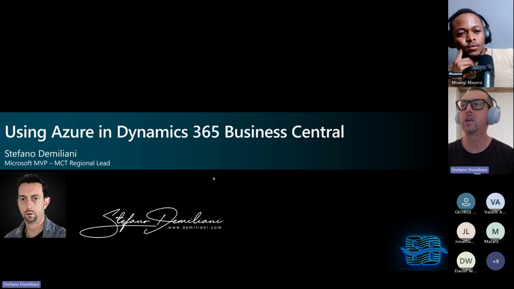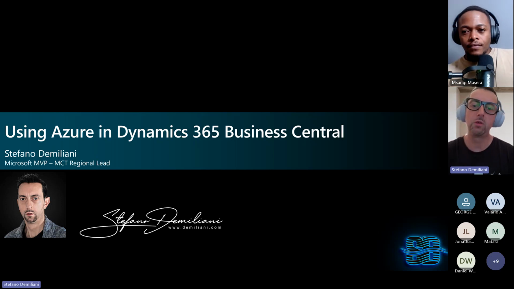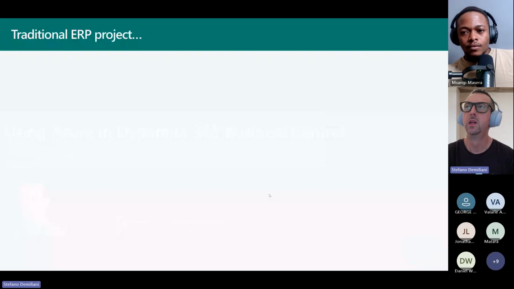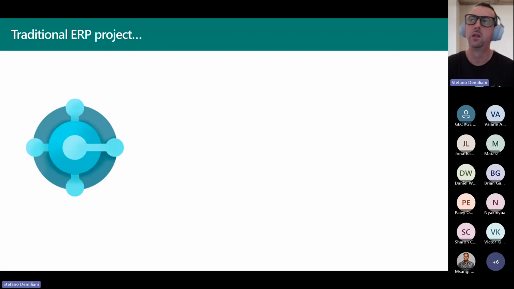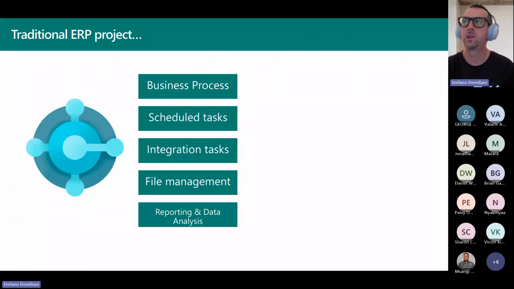My goal for today is, as I said before, talking about using Azure in Business Central, and there's a reason for that. When I see Business Central projects, probably from every part of the world, so a traditional ERP project based on Business Central, normally I always see Business Central as the core of the project, and then together with Business Central, partners create lots of stuff.